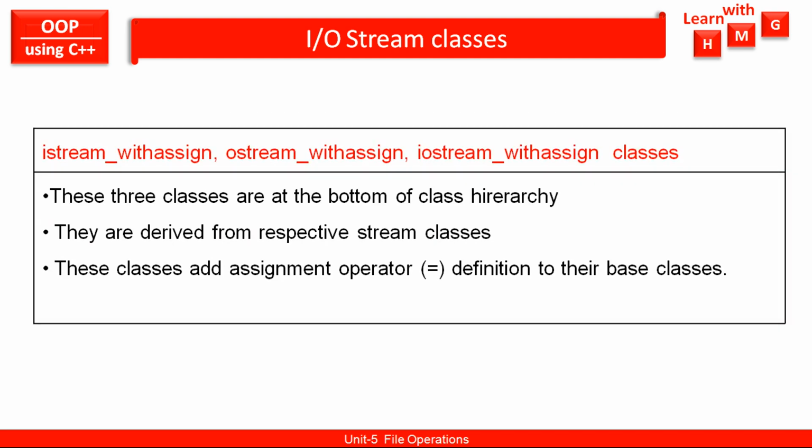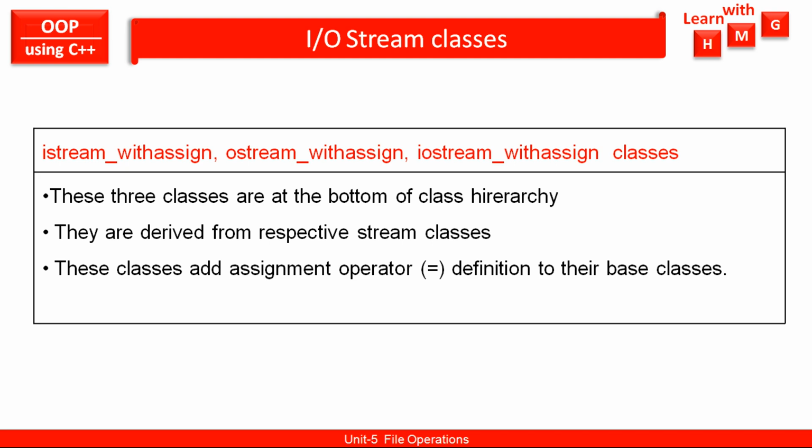Then the last three classes are iStream with assign, OStream with assign and IOStream with assign. These three classes are at the bottom of the hierarchy of classes. They are derived from the respective stream classes, that is the iStream, OStream and IOStream classes.